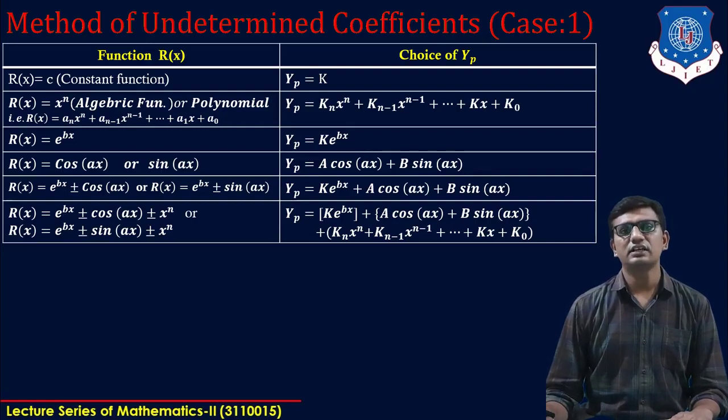Here, if R(x) is a linear combination of all three types of functions, that means e^(bx) plus cos ax plus x^n, or R(x) is e^(bx) plus sin ax plus x^n, in this case the choice of Yp is k e^(bx) plus a cos ax plus b sin ax plus k_n x^n plus k_(n-1) x^(n-1) up to k_1 x plus k_0. Here k_1, k_2, k_n are all undetermined coefficients, as well as k, a and b.